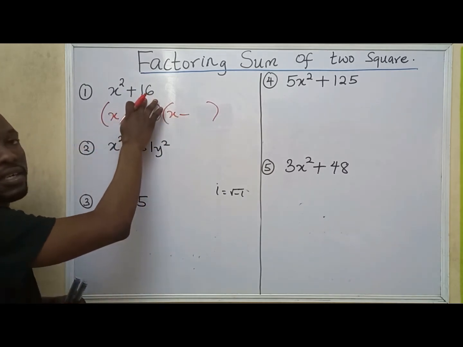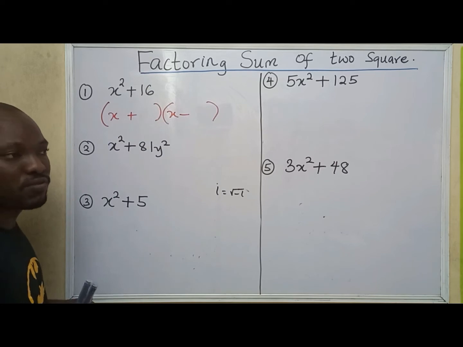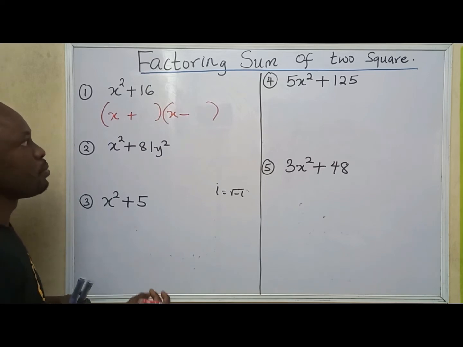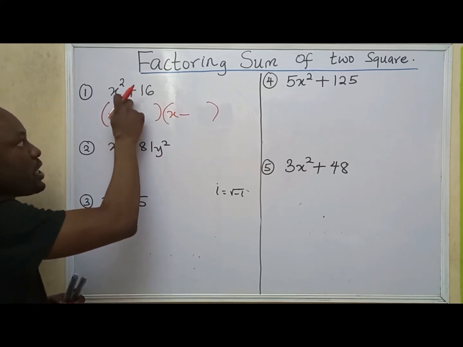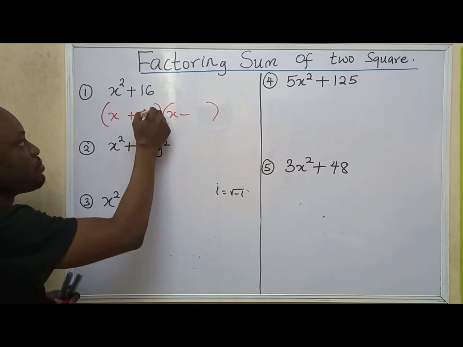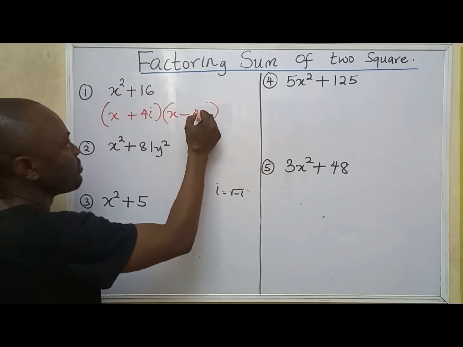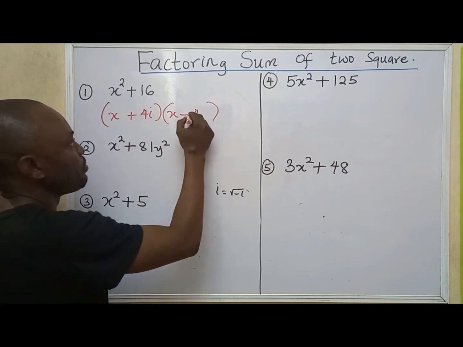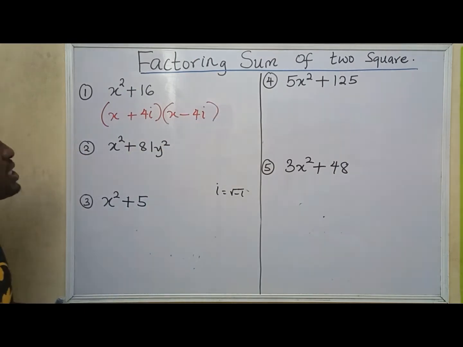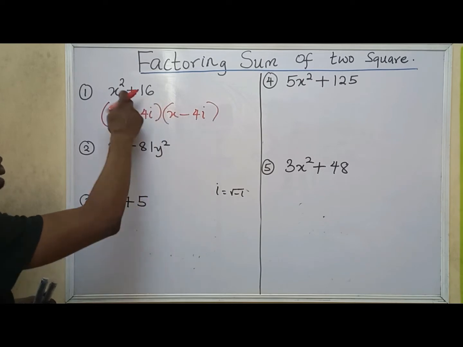Now for this, 16 is a perfect square because 4 times 4 will give me 16. But always remember, for the sum of squares, your answer will be in terms of imaginary numbers. So I have a plus 4i, a minus 4i. Pretty simple. If you multiply this, you're going to get that.